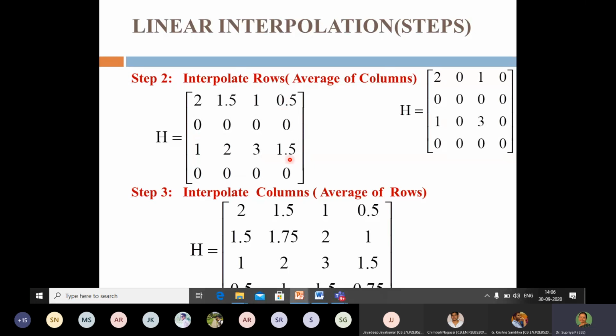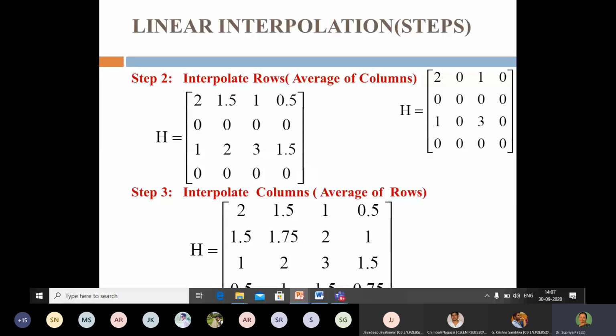And considering the last column, we do not have any column after that. So it is an average of this column, the column preceding it, which means the third column. As a result, we will have 1 becomes 0.5, 0 becomes 0, and 3 becomes 1.5, 0 is retained as 0. So the second step is also over, where we have values as shown in step 2.